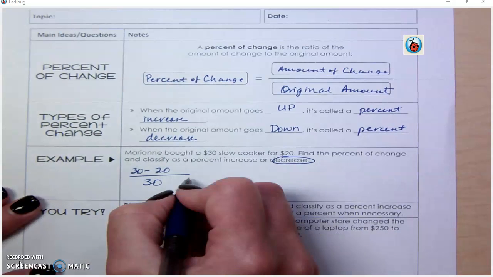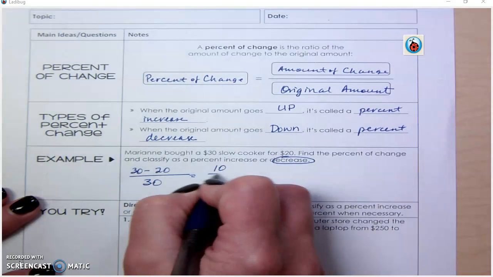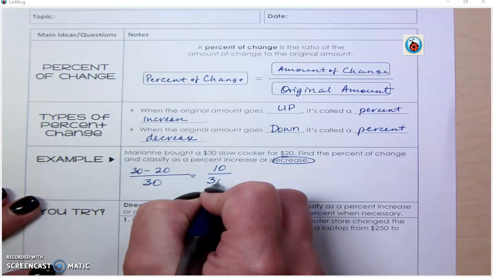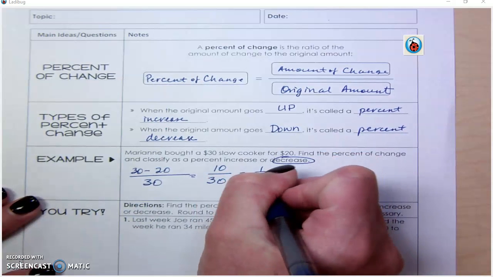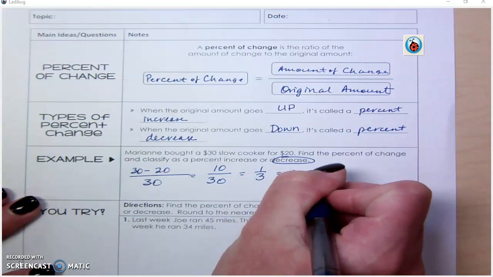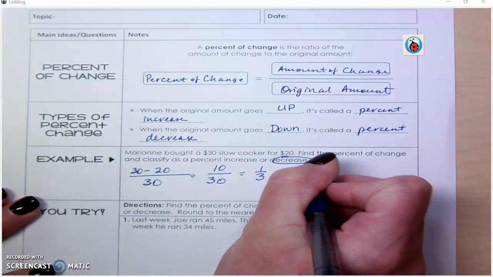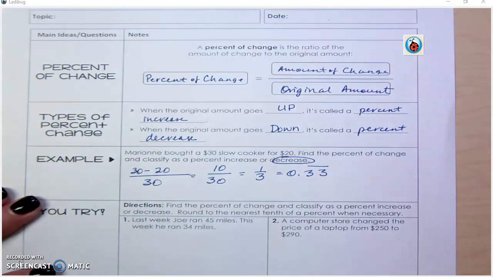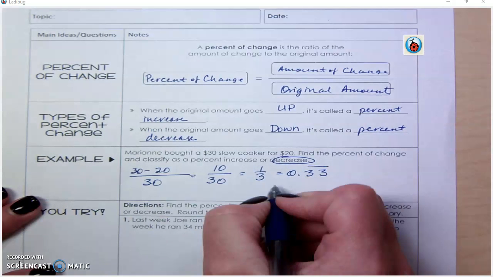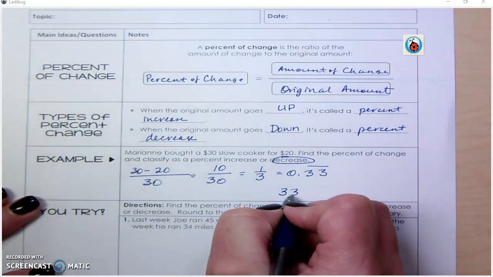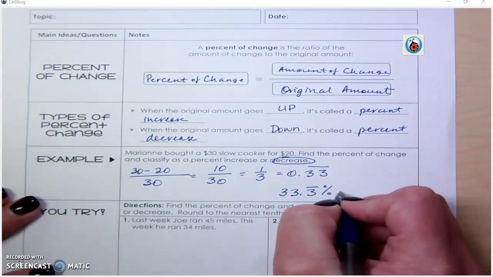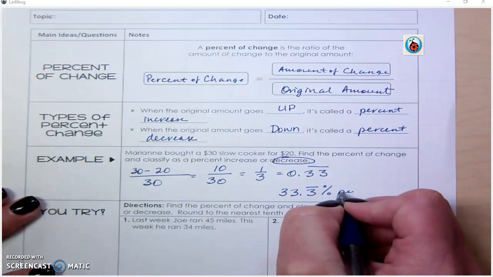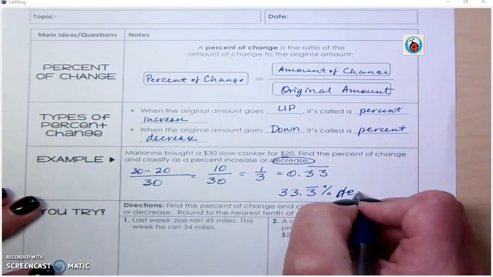So from here we would say, okay, the change was $10. Original was 30. And hopefully you guys are recognizing this is our repeating decimal. We had that scenario not too long ago. When it's a repeating decimal, we would say it's 33.3 repeating percent decrease.